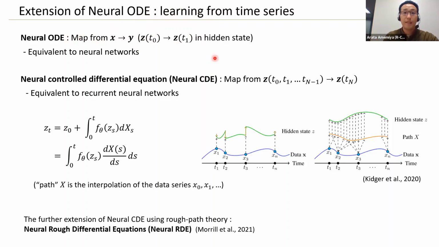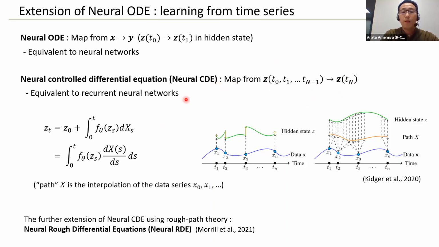What is equivalent to recurrent neural networks is the neural control differential equation, neural CDE. It is a map from a latent space variable at multiple time steps to that at the target time steps in latent space.